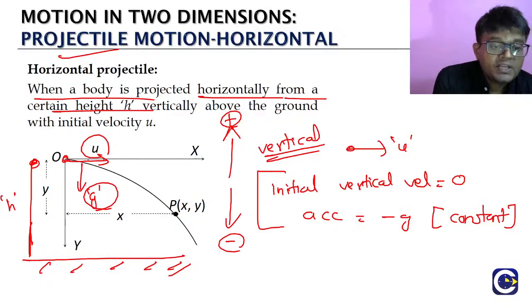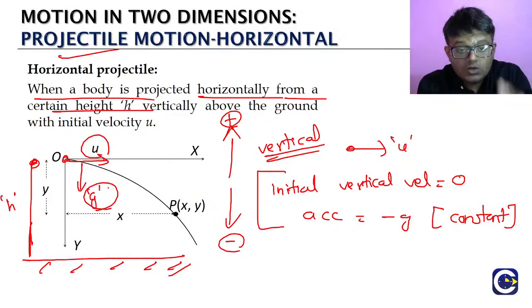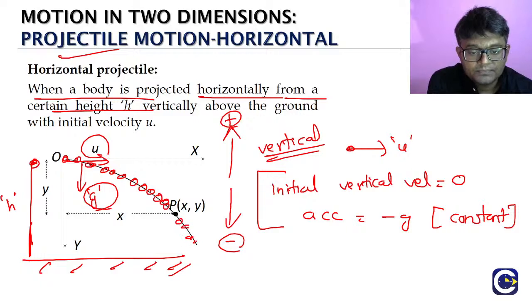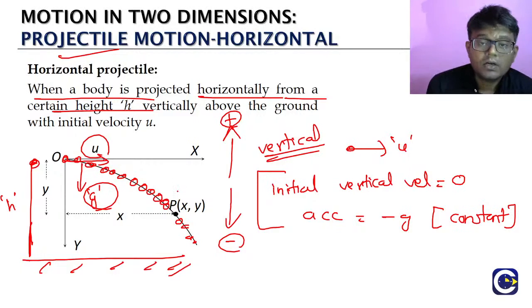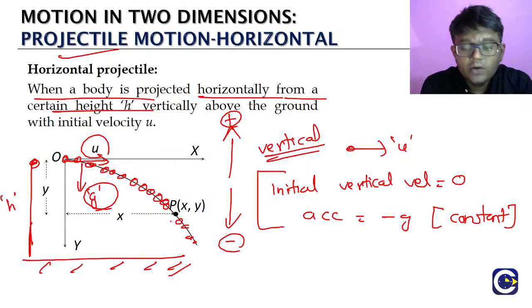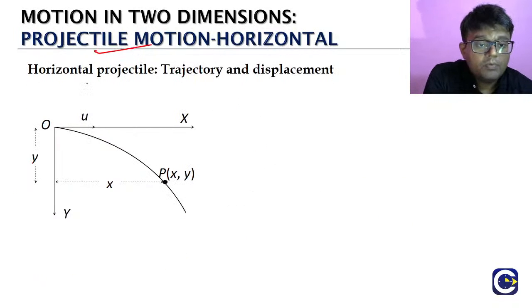Now what is going to happen to that object? It is going to move horizontally, and at the same time it is going to come down vertically. So this is the overall representation of the path or trajectory; we will see the equation of the path later. Now we will look at each of these parameters of the horizontal projectile.